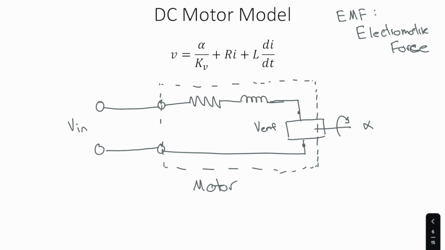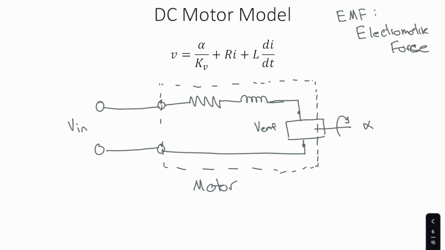Alpha is going to be the rate, the angular velocity, the angular rate that the shaft is spinning. Probably not surprisingly, you can see a proportional relationship between the two. But it is complicated by these other two factors, which means it's not perfectly proportional.